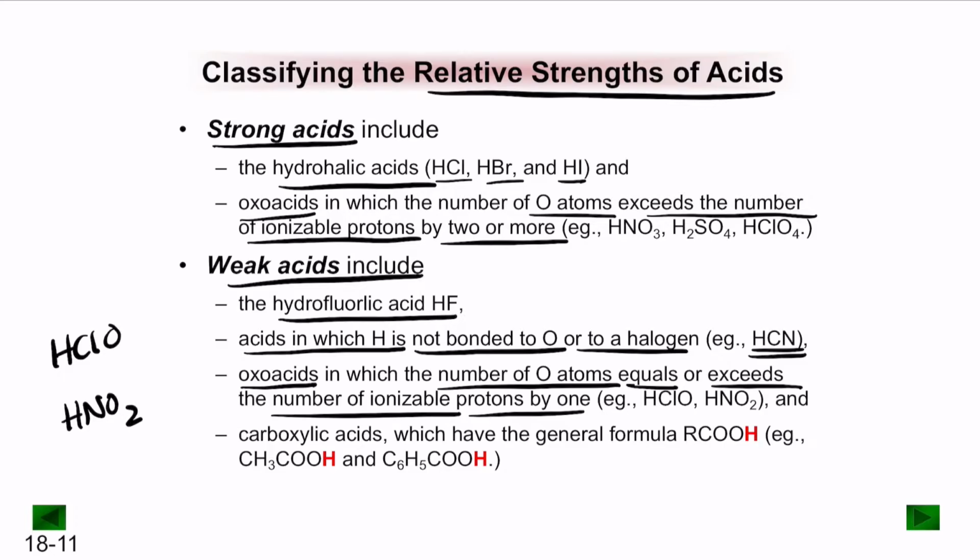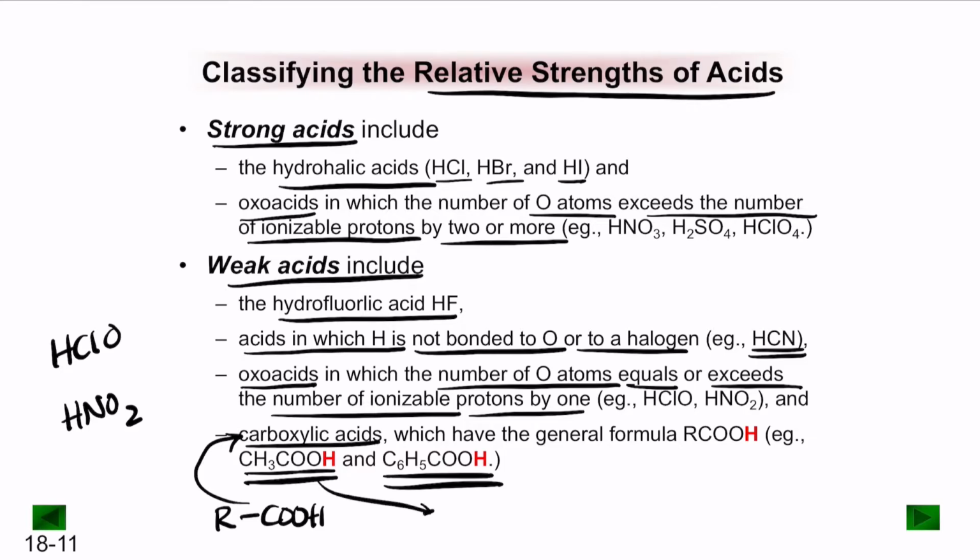These are examples of oxo acids that are weak. Also all carboxylic acids, which are acids with the group COOH, are generally very weak acids. Examples of that are acetic acid and hexanoic acid.